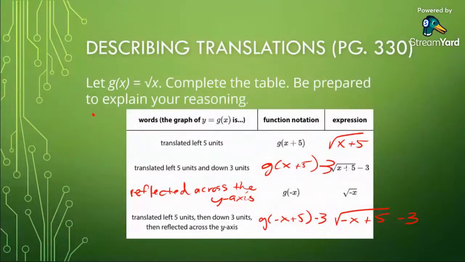So for example, if we were to go back and look at the opening table, or that table that I just walked through, what you will have to recognize is that when we move the graph to the left 5, we actually use a plus sign. That's kind of wonky, because you think when we go to the left 5, we're going towards the negative direction, and that is accurate.